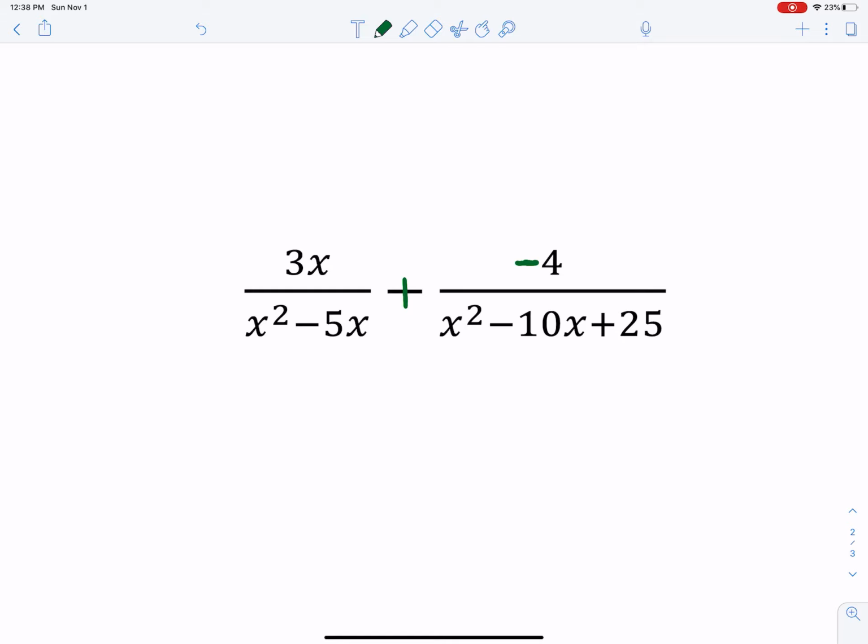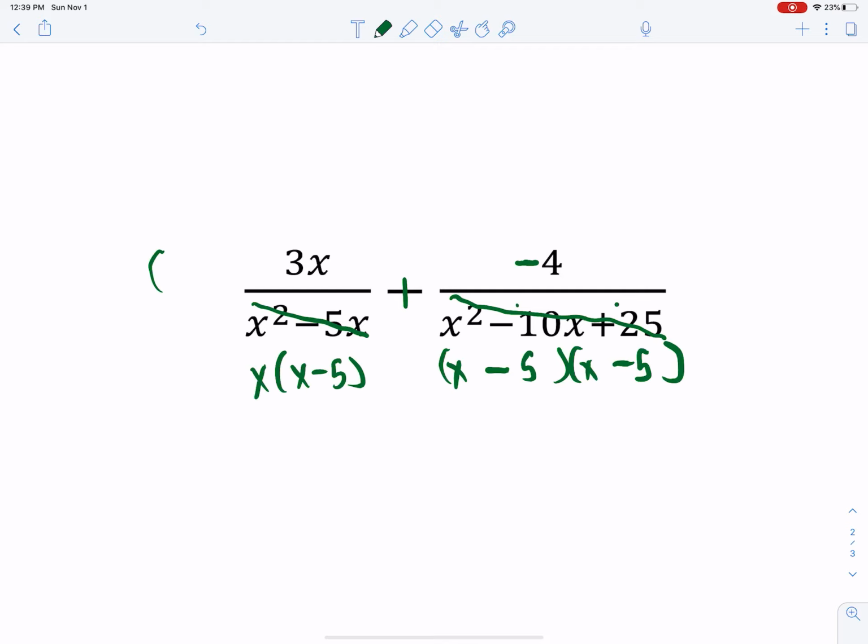On the left side, I can factor out an x from both of those terms, and we have x times x minus 5. On that second fraction, to multiply to be a positive 25 and add up to a negative 10, I would need minus 5 and minus 5. So when I'm thinking, what is the first fraction missing that the bottom of the second one has? That second one has x minus 5 twice.